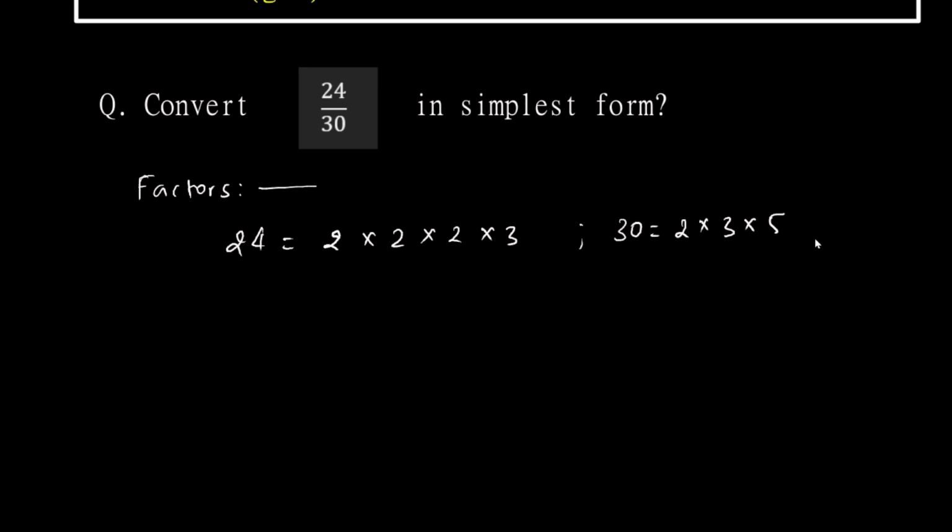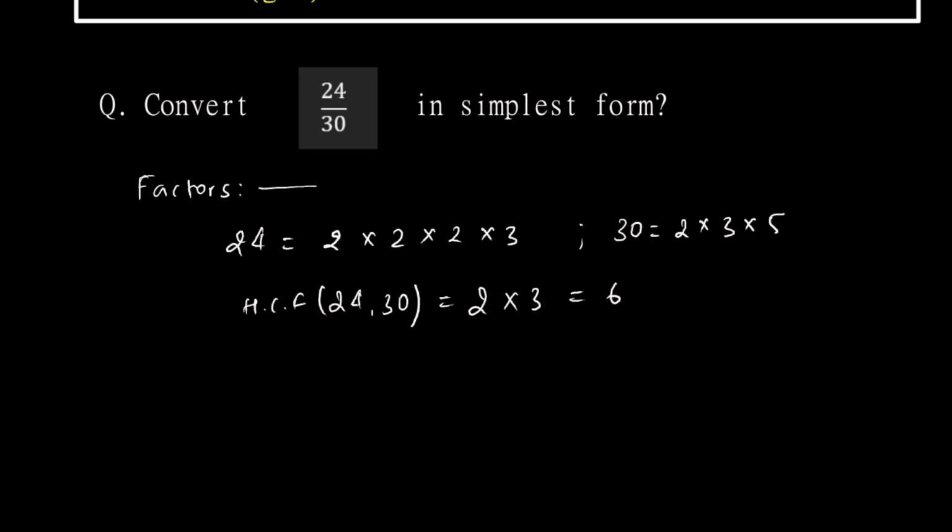Now we write the HCF of 24 and 30. We multiply common numbers from the factors of 24 and 30, which is 2 times 3. We have 6 as the HCF.